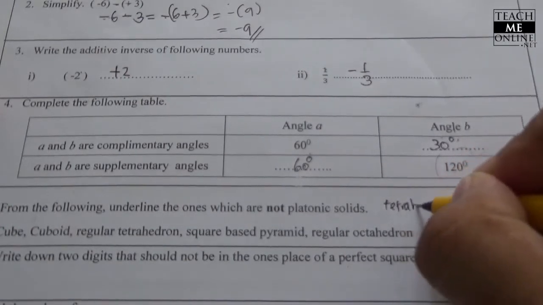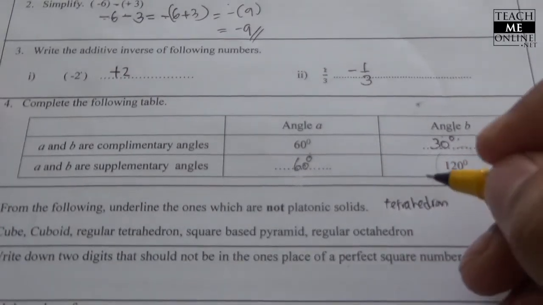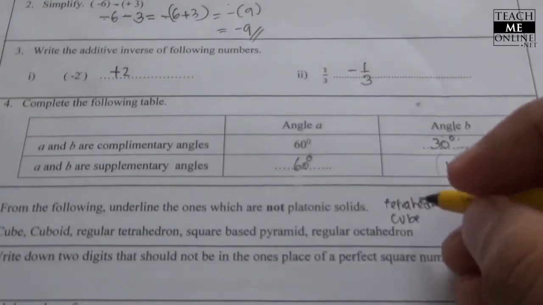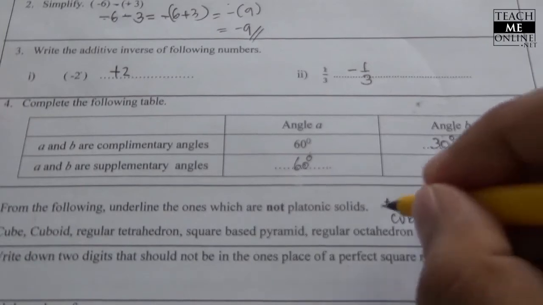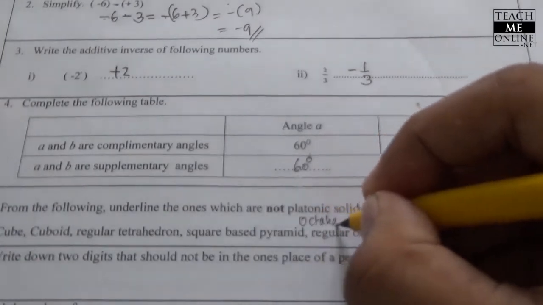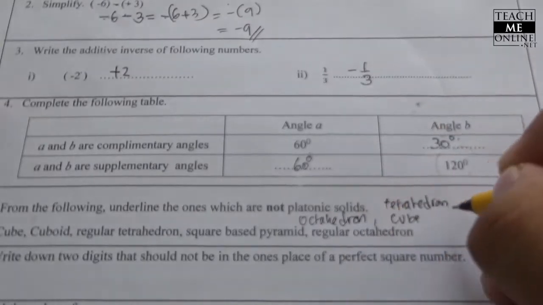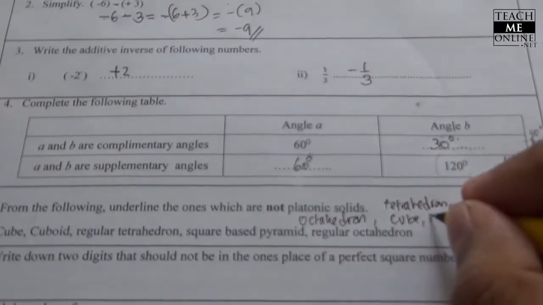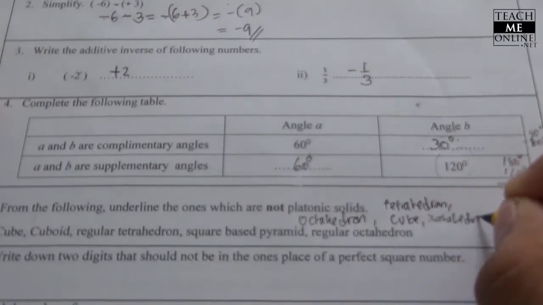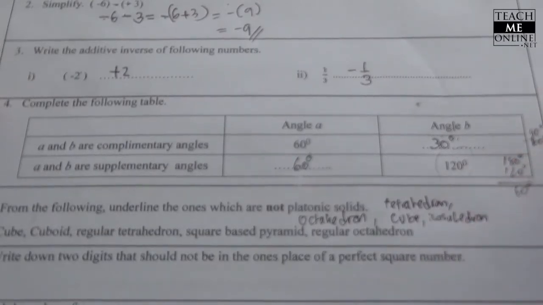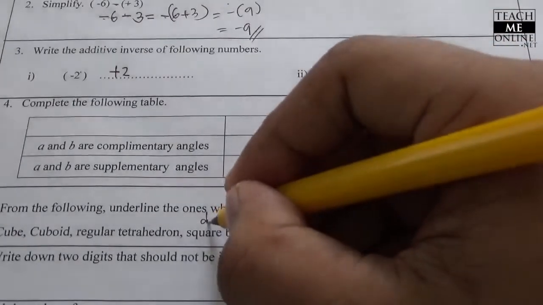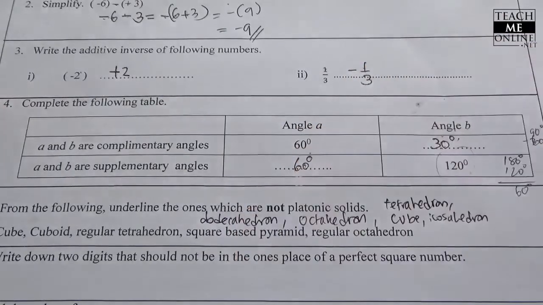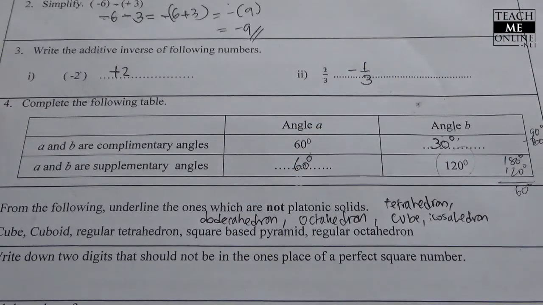Tetrahedron, cube, octahedron, icosahedron, and dodecahedron. These shapes are Platonic solids.